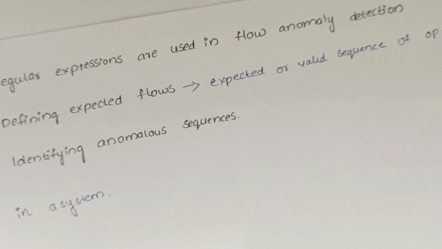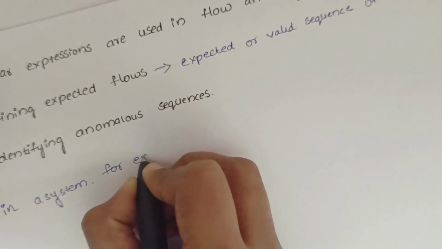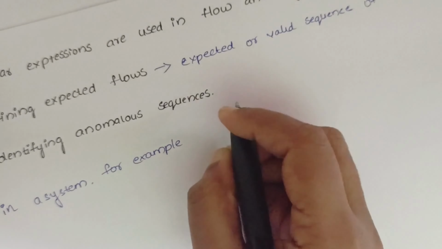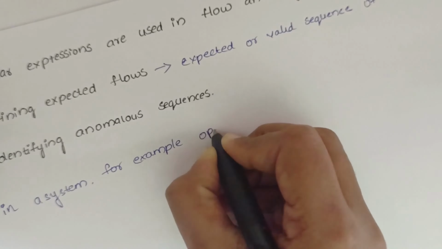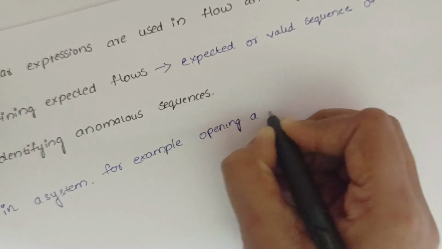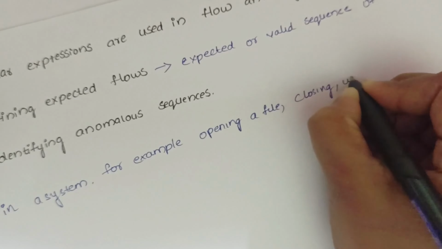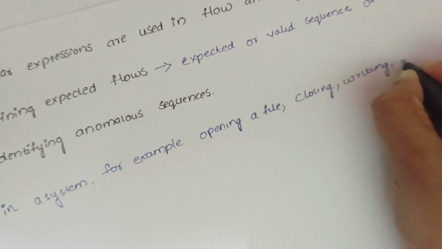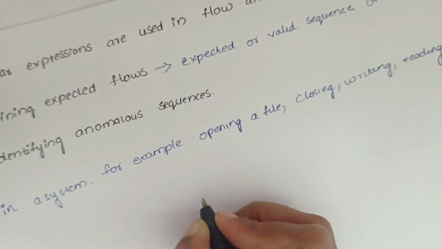These are the operations which can be performed in the expected flow of a system. Writing or reading or save.